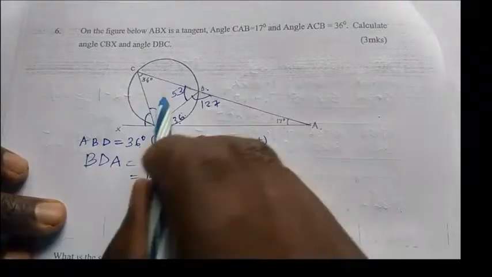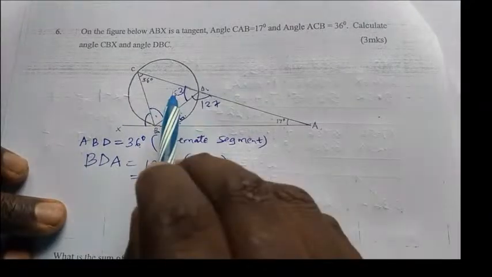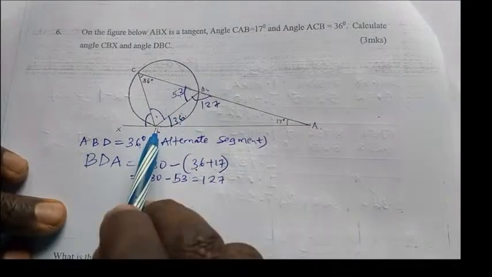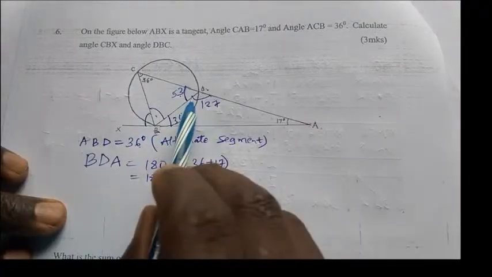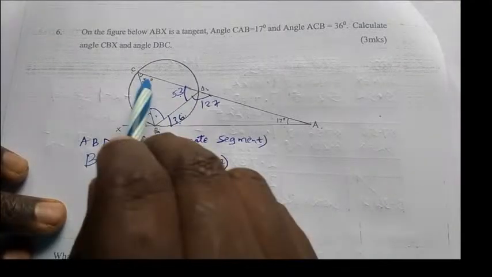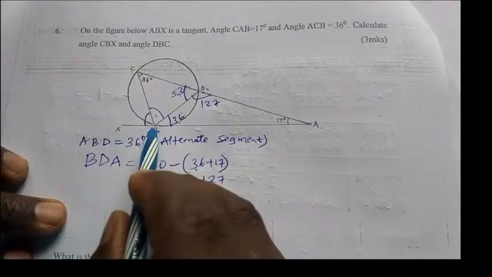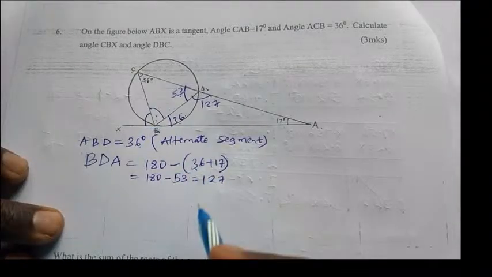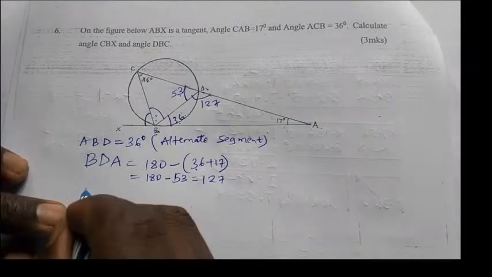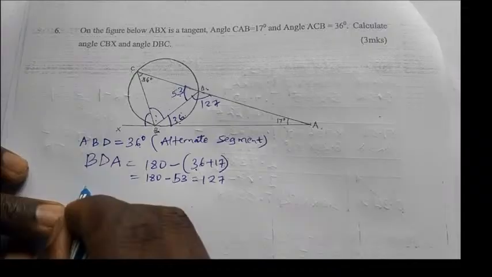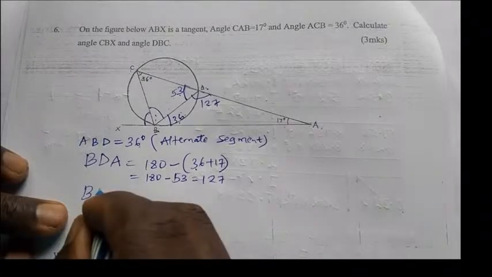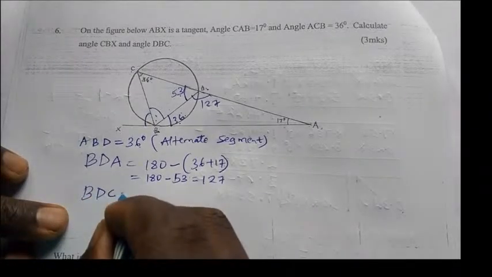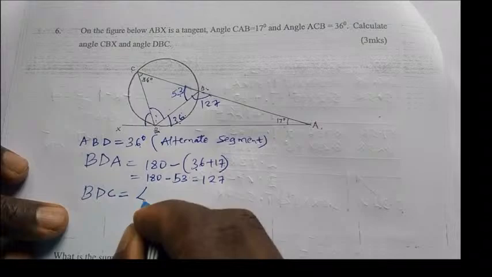Now to get the angle inside here, this is 36, and the total angles inside triangle BCD is 180. So angle BDC is equal to angle CBX.